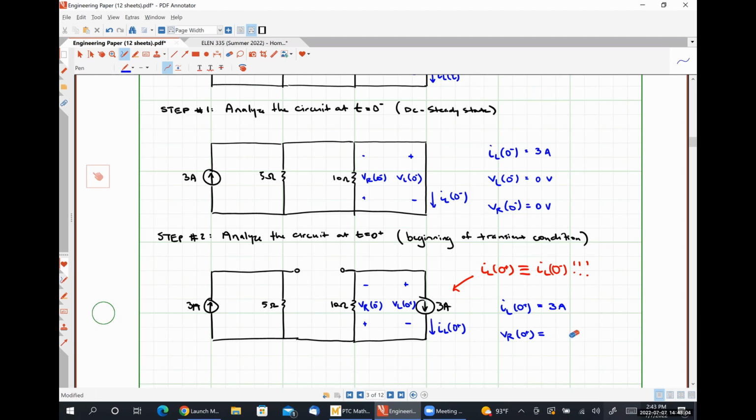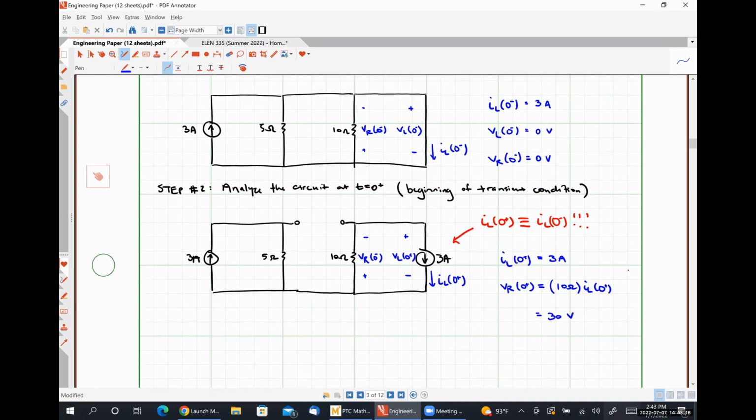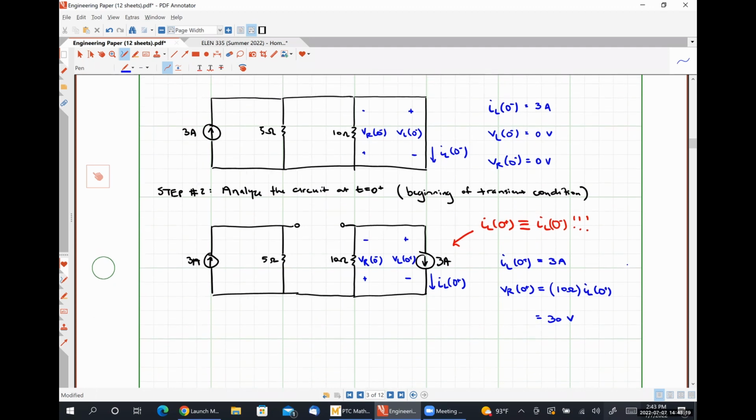Actually, I'm going to write that down just in case people don't see it intuitively. 10 ohms times IL at 0 plus equals positive 30 volts. And the last thing that we need to determine is VL at 0 plus. Let me draw that better.